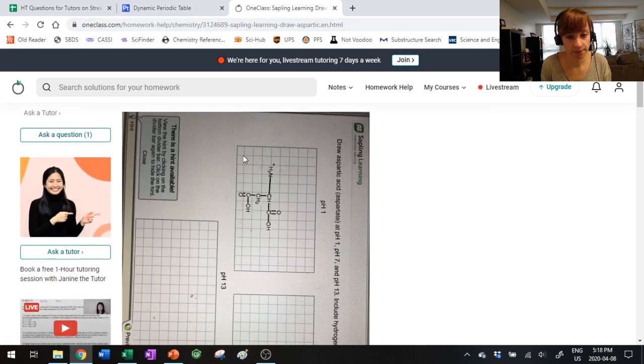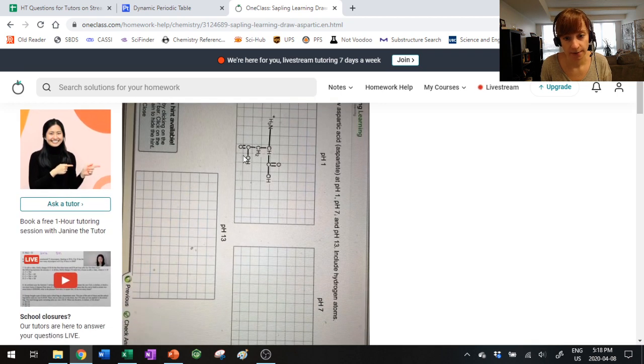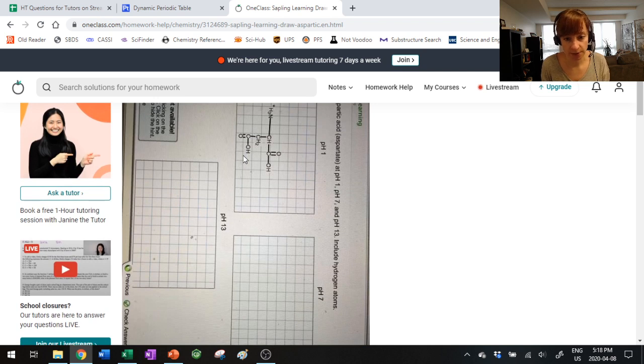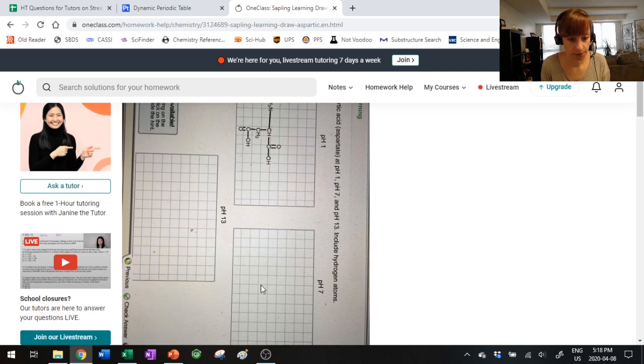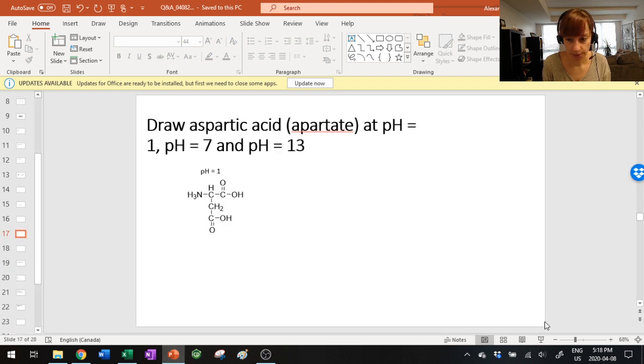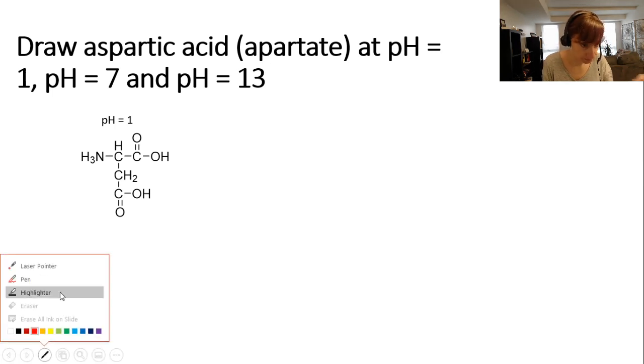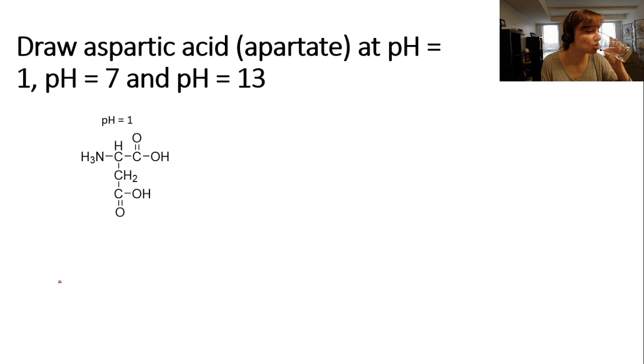So it's sideways again, but it says draw aspartic acid at pH 1, pH 7, and pH 13. Include hydrogen atoms. So it already gave you the structure of aspartic acid at pH 1. So at pH 1, that's acidic pH.